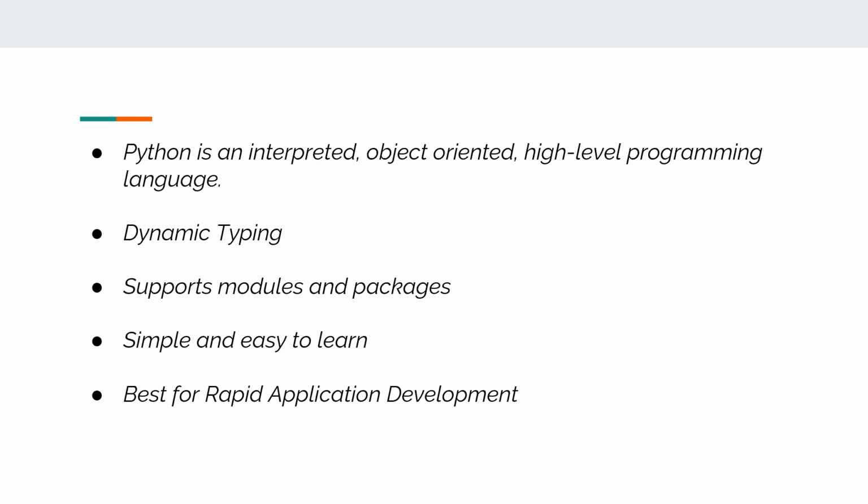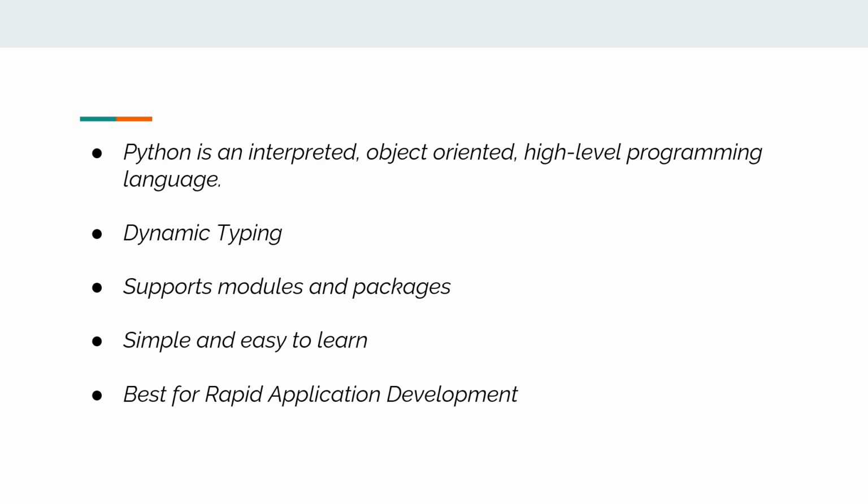Then talking about dynamic typing, we'll also discuss it in detail in the coding section in Jupyter. And then it has certain modules and packages that are going to help us do certain kinds of calculations. Sometimes you need not write the entire code to do a simple calculation.